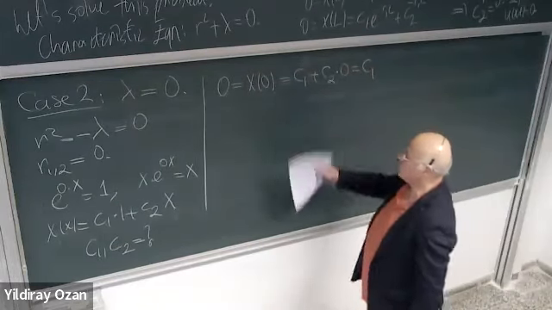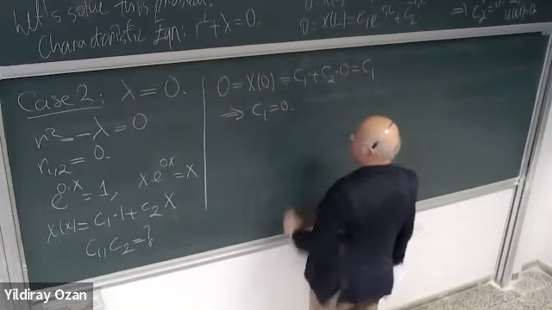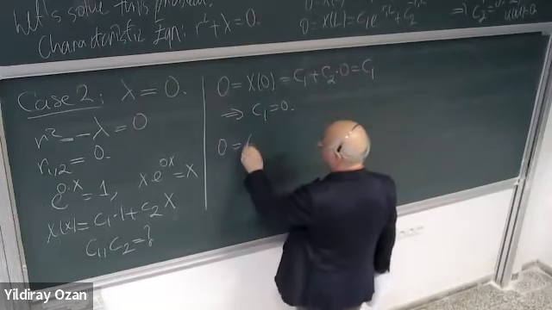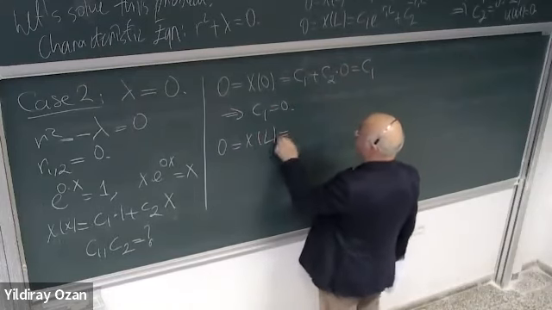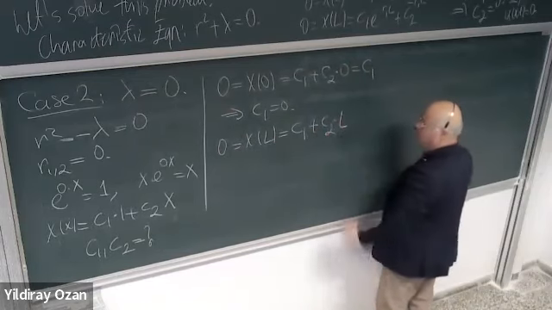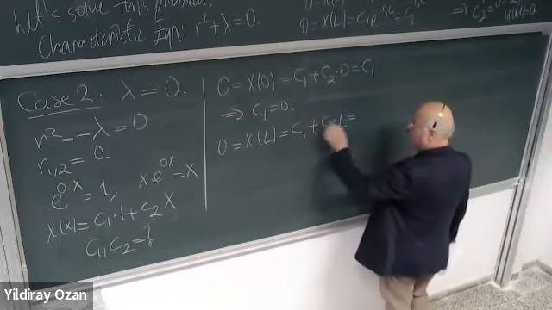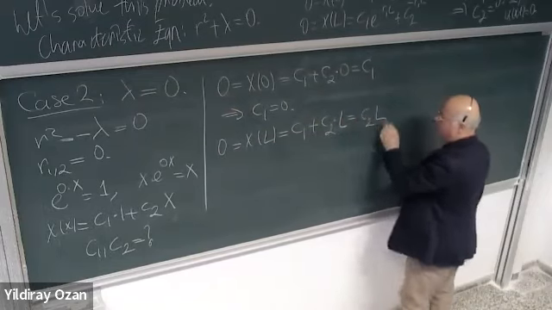So C1 is just 0. And what about the other one? X of L is C1 plus C2 times L. But C1 is already 0, so this is just C2 times L.